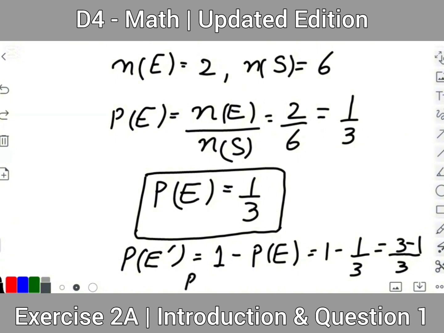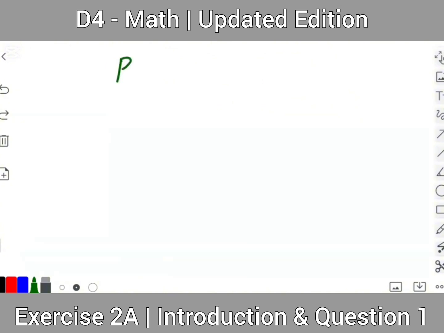So P of E prime will be 2 over 3. P of E plus P of E prime must be equal to 1.